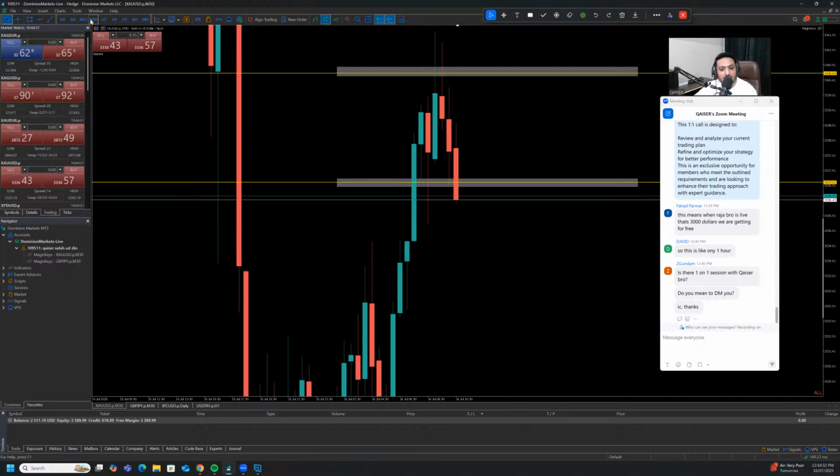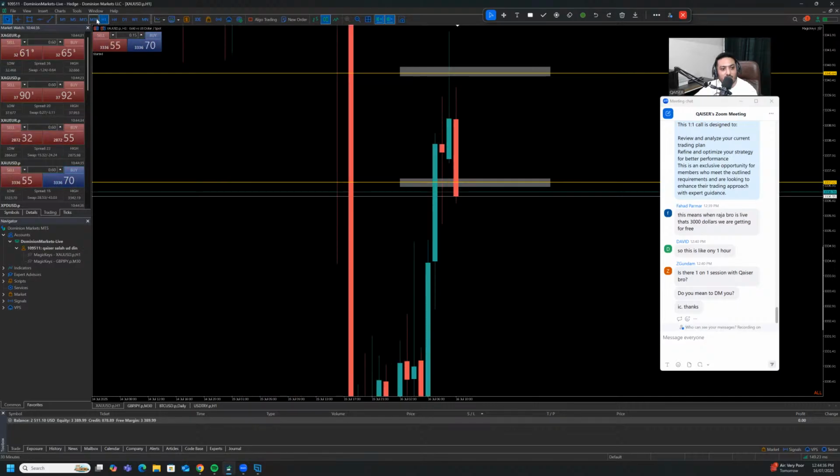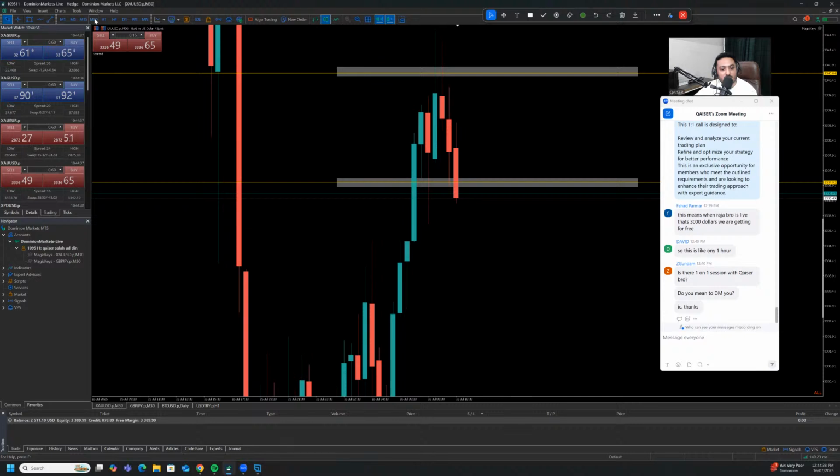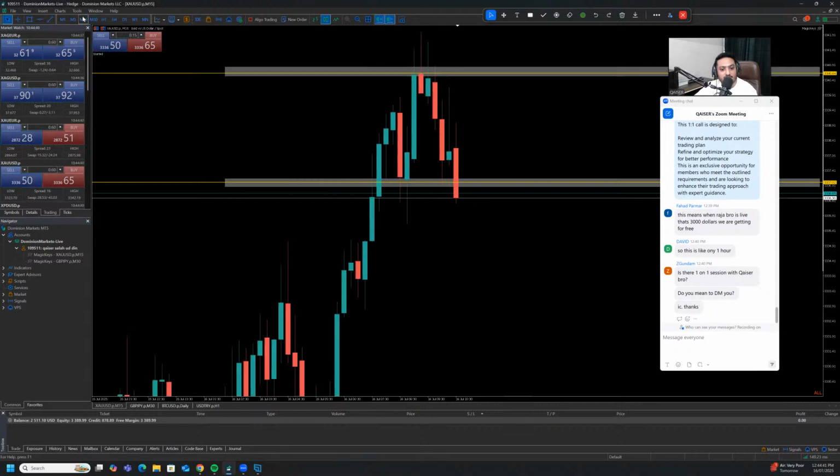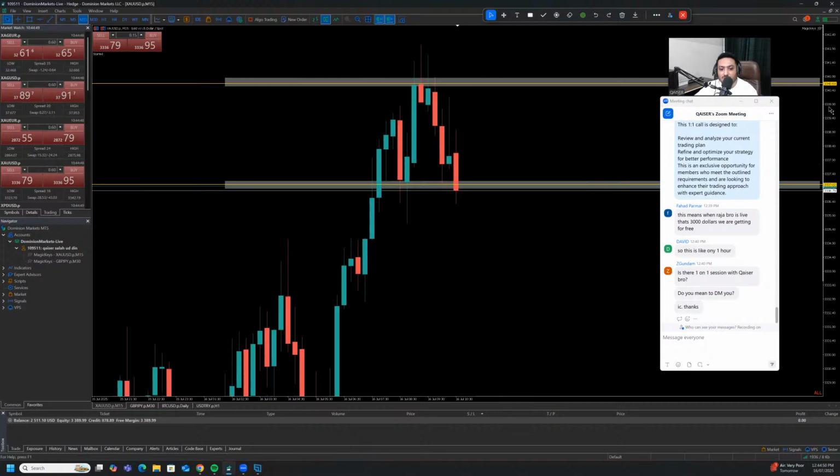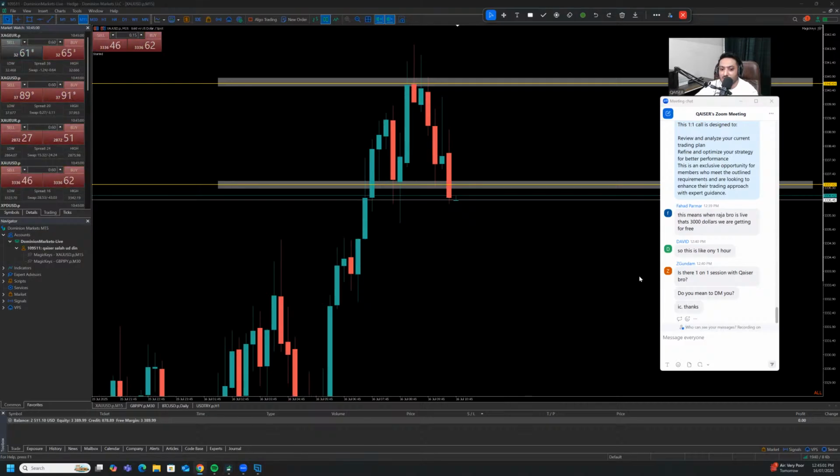Look at this one, breaking the support, broke the support. Interesting, the 50-minute is going to break the support. Few seconds left for the candle to close. 10 seconds left. Okay, the 50-minute just closed.